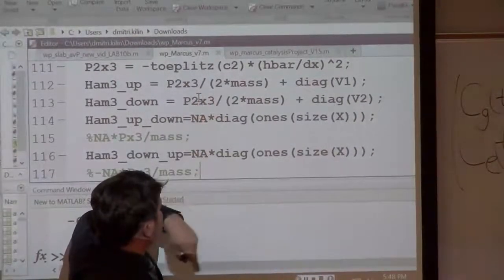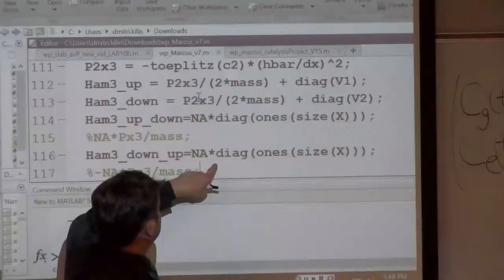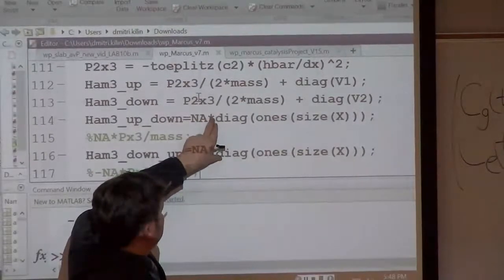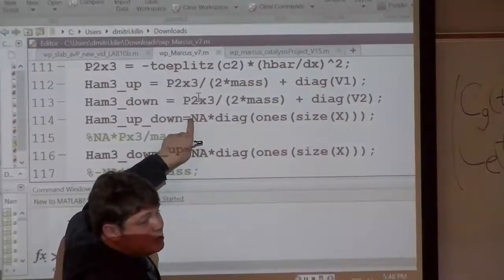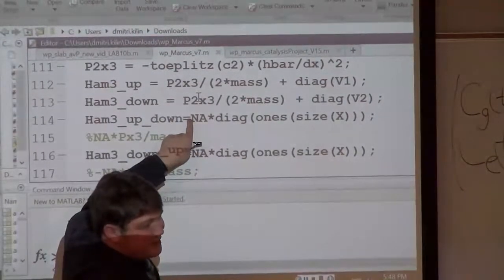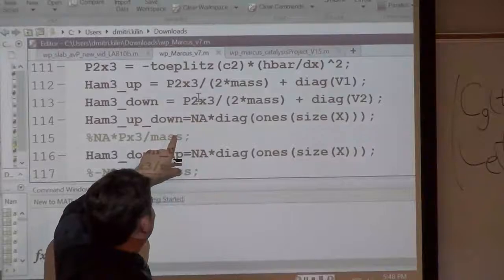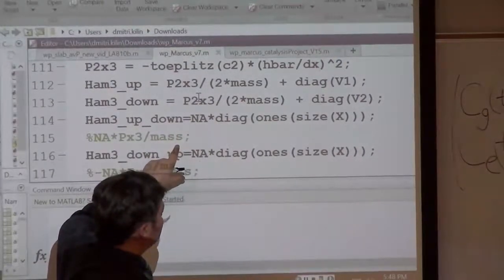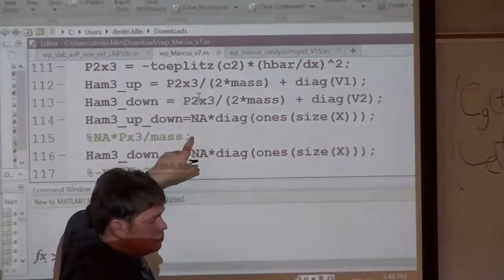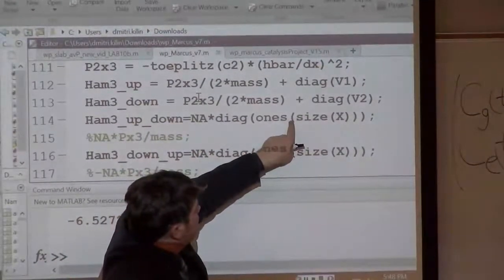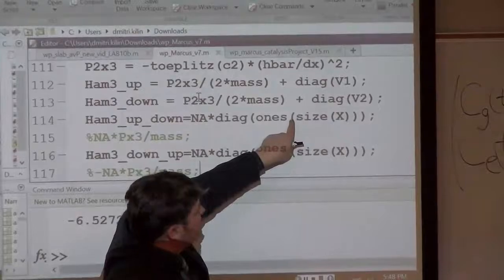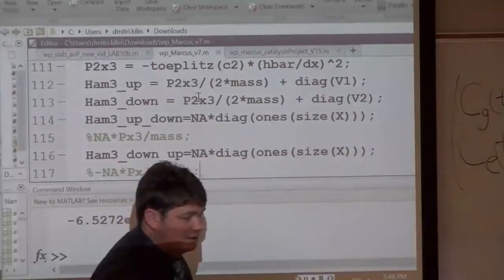Kinetic energy is not affected, and those are just NA. It doesn't mean not applicable. It means non-adiabatic. For transitions between electronic states, so nuclear-motion-assisted transitions, times the identity matrix.